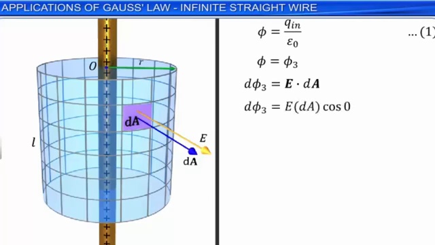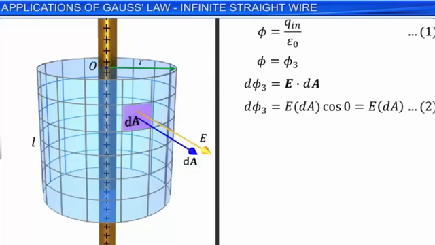Let this be equation 2. To find the total electric flux phi through the Gaussian surface 3, we now integrate d phi 3. Therefore, phi is equal to integral d phi 3, and this is equal to integral E dA.